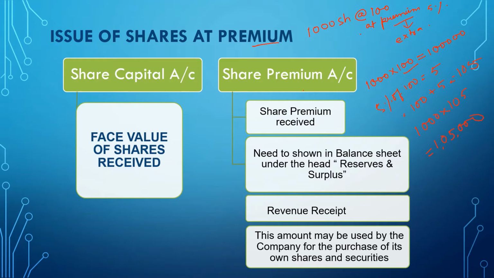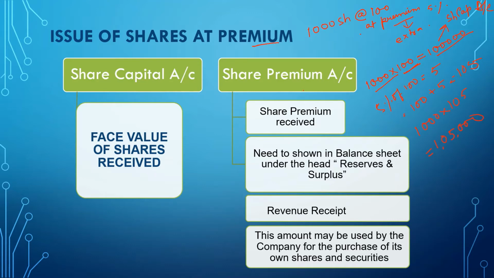Now think, this is only share capital because we only multiplied these 1,000 shares by the par value of 100. There will be two accounts, one is share capital and one is share premium.